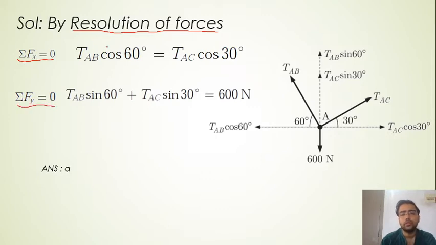So what you are going to do? You are going to find the component of all the forces in x direction first. TAC cos 30, that is there. Then minus TAB, because TAB is in negative direction. The component of TAB toward x direction will be cos 60.